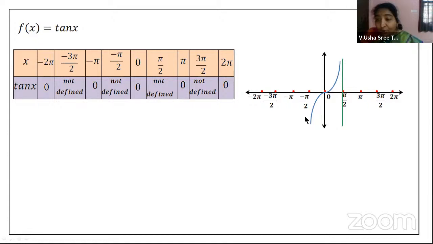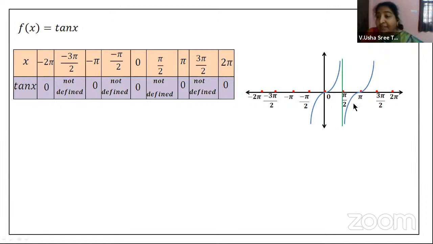Now, from 0 to minus pi, when you go, it is again undefined, but in the negative direction. So the graph is coming down here. At the same time, at minus 90 also, we will demarcate with a line. If you are not drawing this line also, it hardly matters. Then why is it that we are taking this line? Just to have clarity that at tan 90, the graph is just extending like that, but it is not taking any particular value.